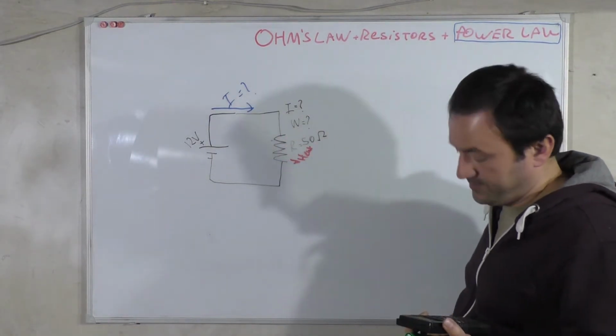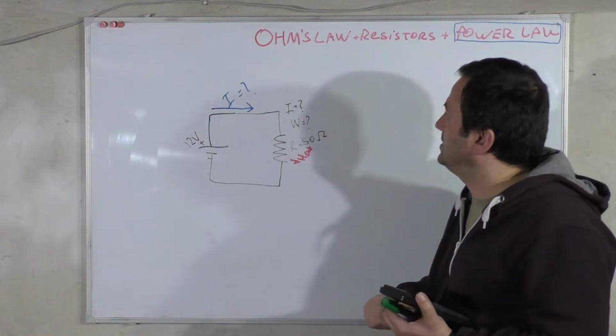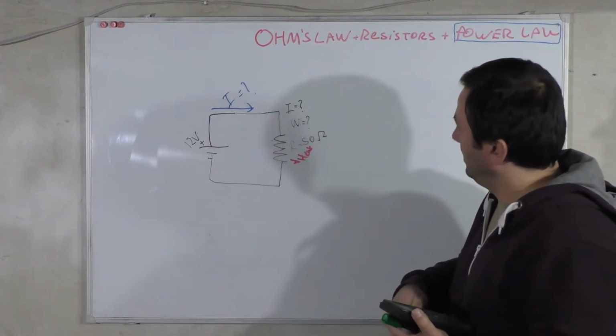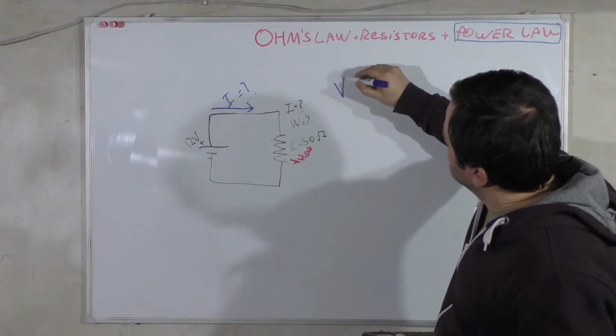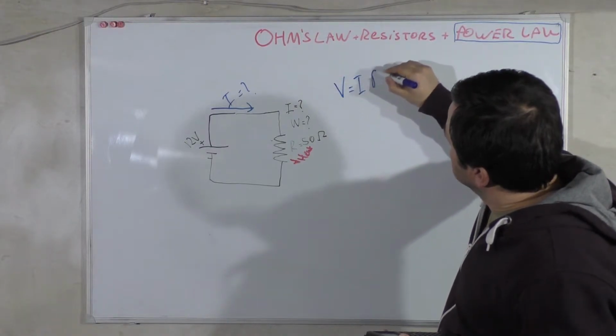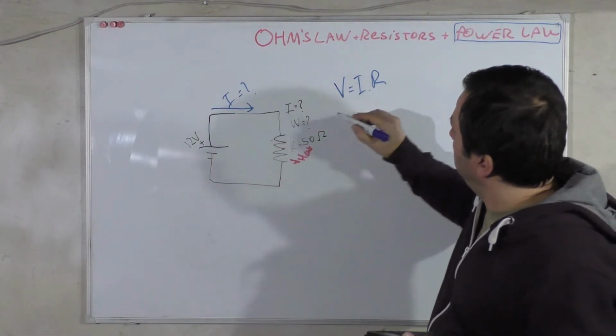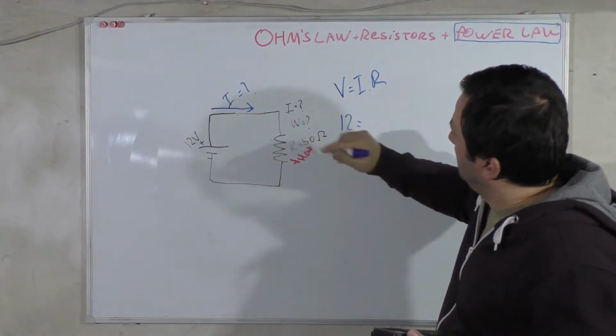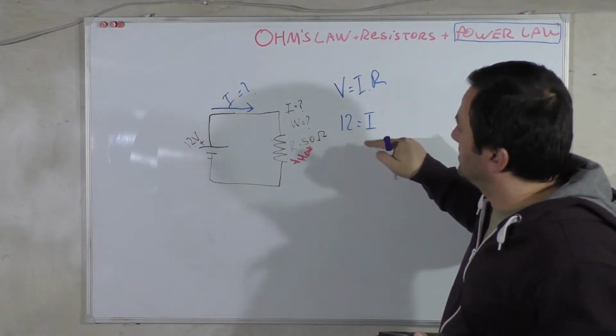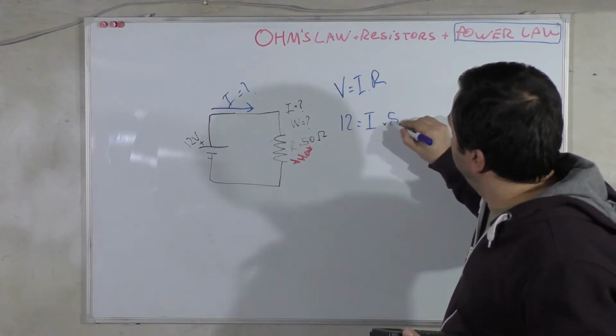So what we learned, Ohm's law. In Ohm's law, we have 12 volt here. We don't know the current, they are asking, and we have 50 ohms.